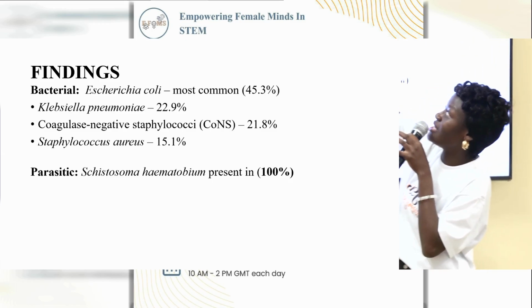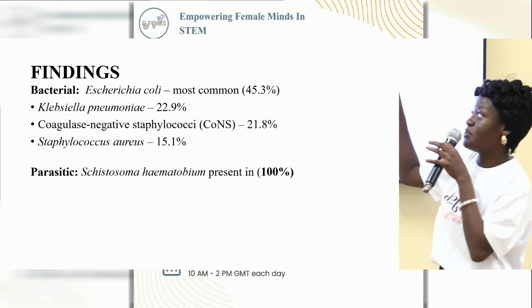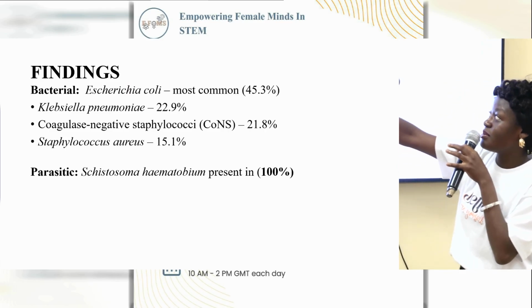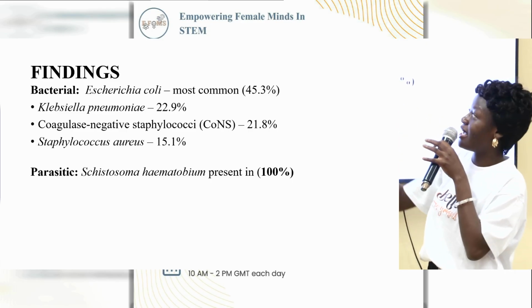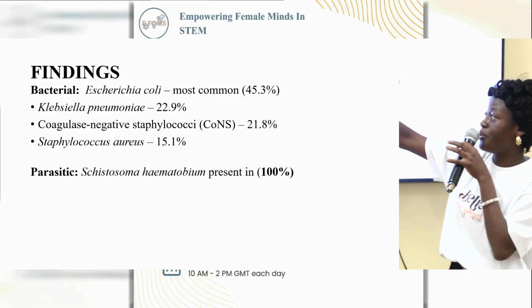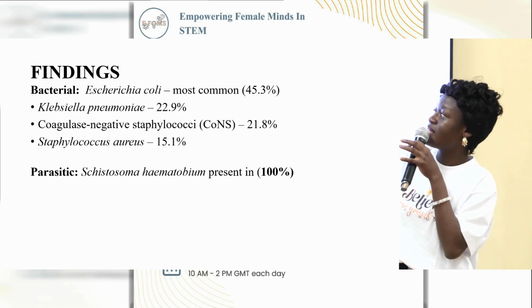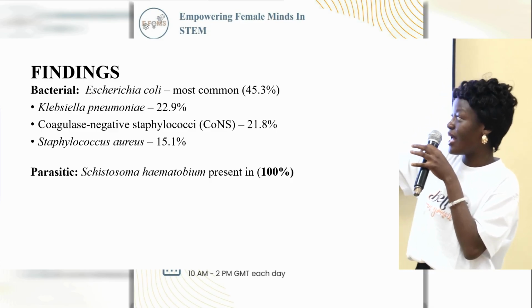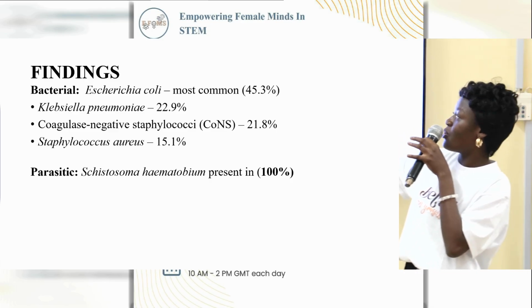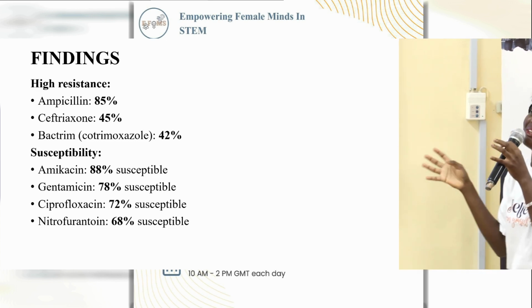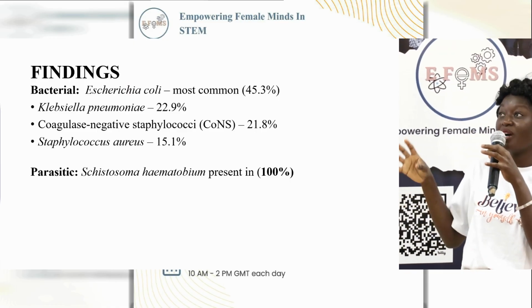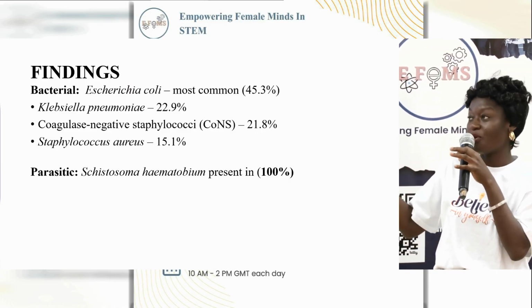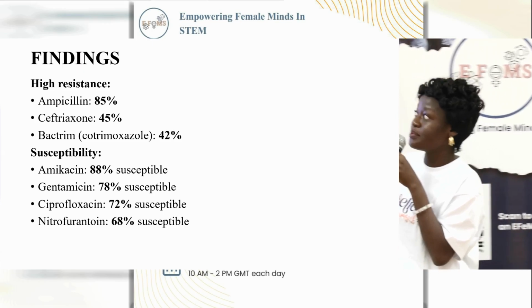E. coli emerged as the most common bacterial pathogen, followed by Klebsiella pneumoniae, coagulase-negative Staphylococcus and Staphylococcus aureus. Then for the parasitic, Schistosoma haematobium had 100% prevalence. This is because it was the sole pathogen found in all the papers that reported on Schistosoma.